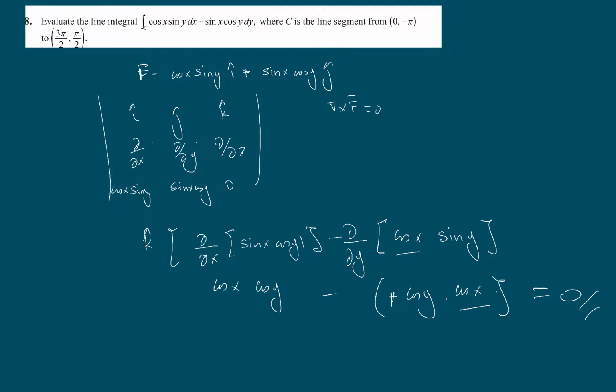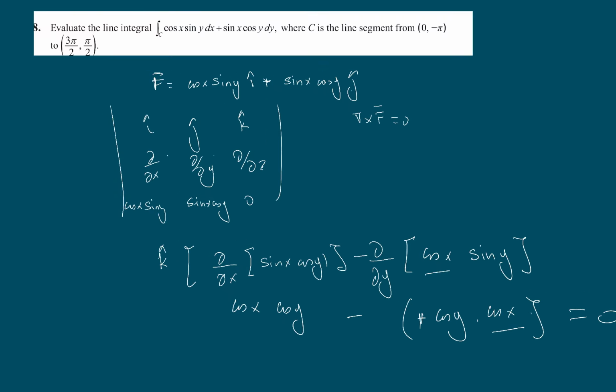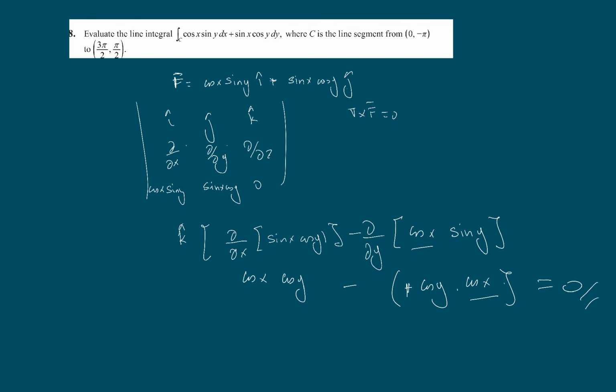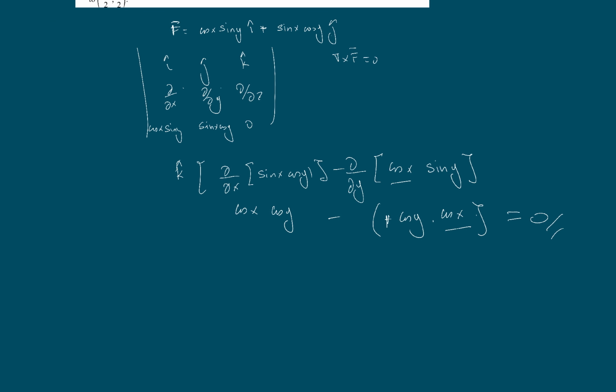So I can apply the first theorem for line integrals here. But who is f? Who is the function f, the potential whose gradient is F?